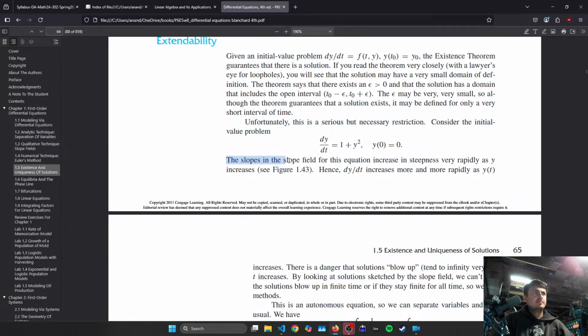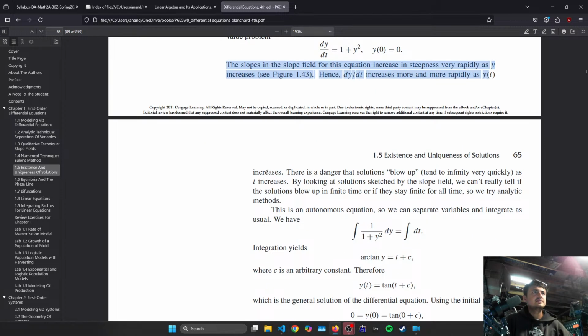The slopes in the slope field for this equation increase in steepness very rapidly as y increases. Hence, dy/dt increases more and more rapidly as y of t increases.